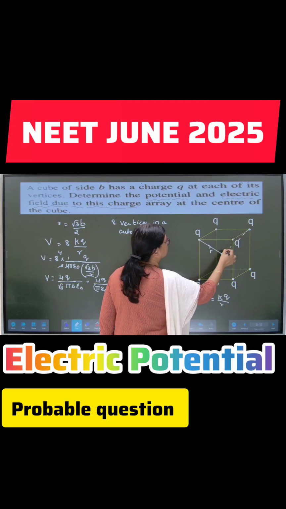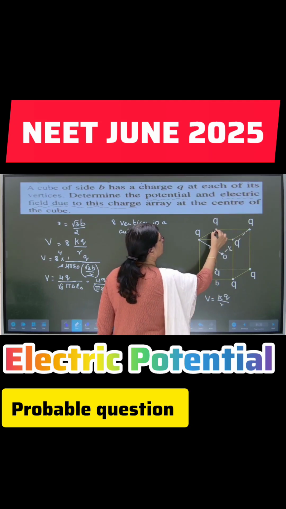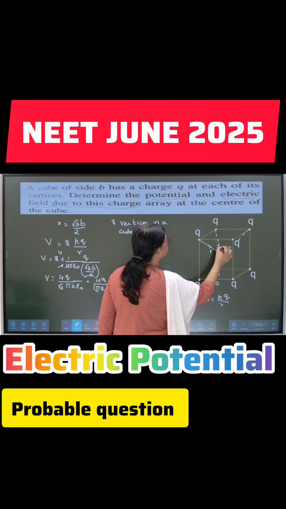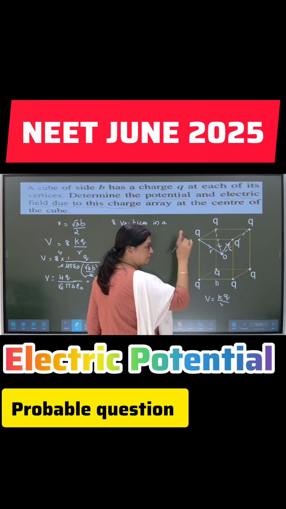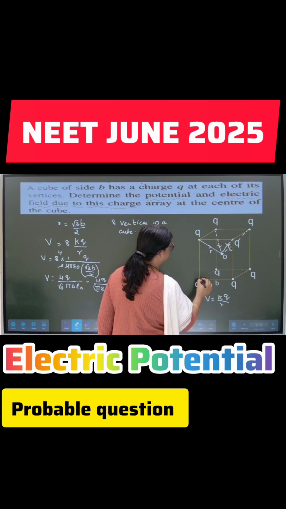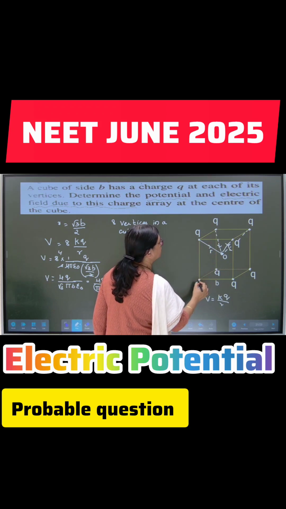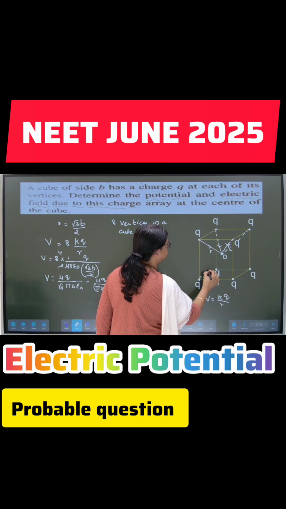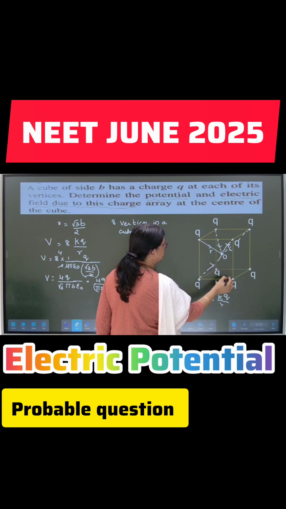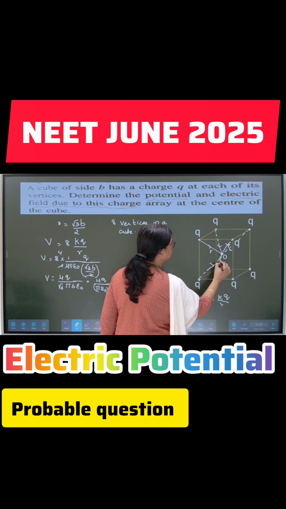Same thing from here and from here. Okay, upper surface is over. 4 vertices over. Now, as you can see, on the same line, this will also go towards the point. This will also go towards the point.